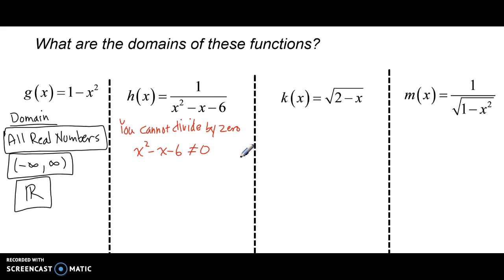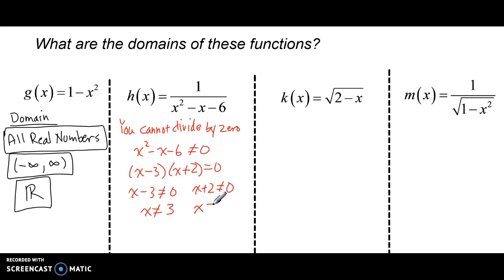So what you do is you think about it backwards, you pretend it was an equation, and you solve it like you would normally solve an equation. Factor it. Break it up into two equations. Solve each one of those equations.